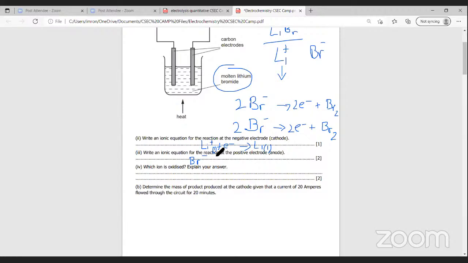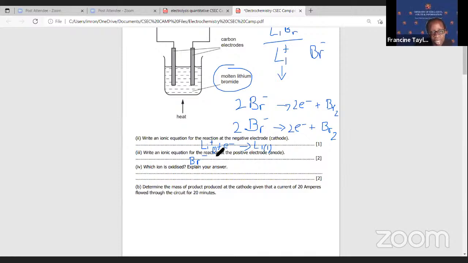All right, give me your explanation, because it will be interesting since we have some split answers. Somebody says bromine because it loses its electrons. At the anode, oxidation takes place. Oxidation is losing. Bromine is being oxidized because it is losing electrons to turn from bromide ions to bromine gas.